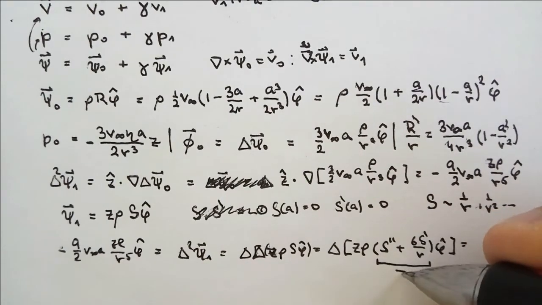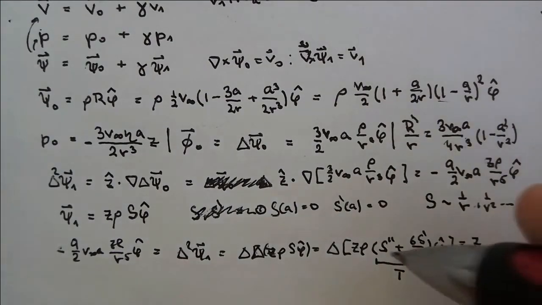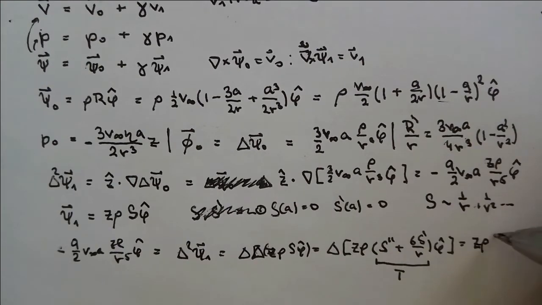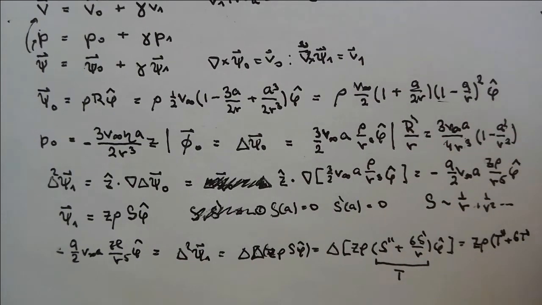We have seen this equation already, and if we denote this part with the letter t, as we did with r and q in the previous session on the Stokes law, it will be exactly the same. But with t, the second derivative plus 6t prime over r phi hat. This should be equal to minus 9 over 2 v infinity a z and so on.